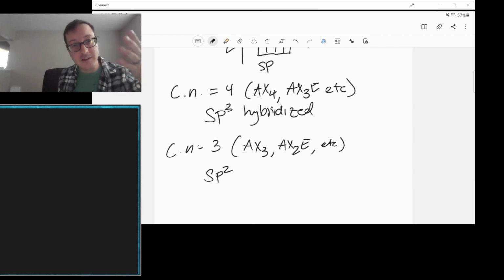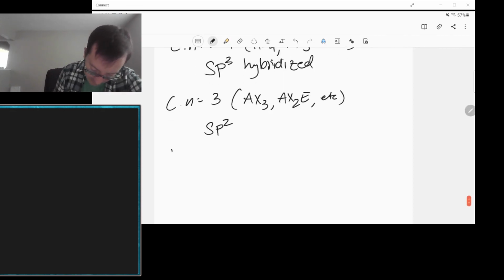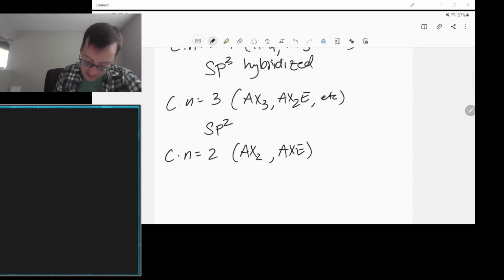If you have 4 things on it, 2 lone pairs, 2 atoms, whatever those 4 things happen to be, you have sp3 hybrids. If you have only 3 things attached, you are sp2 hybridized. And then if you have a coordination number of 2, like carbon dioxide, you are sp hybridized.